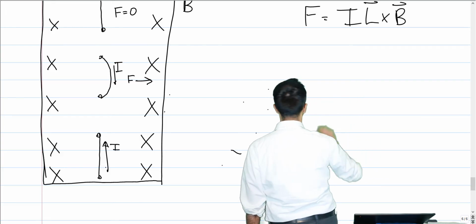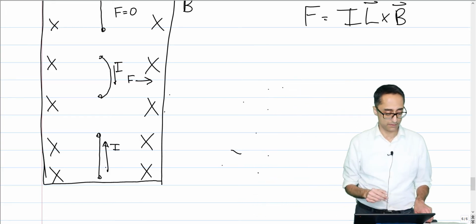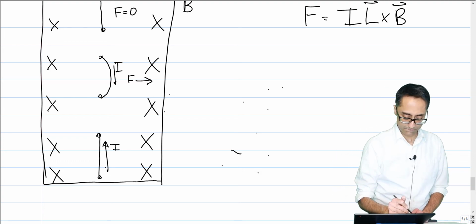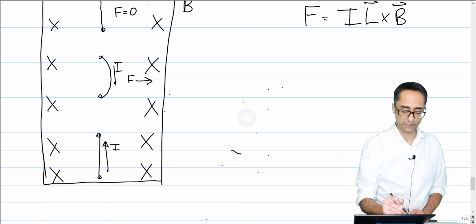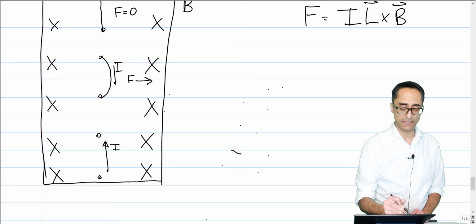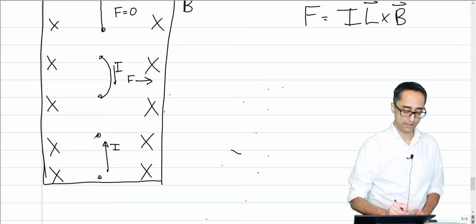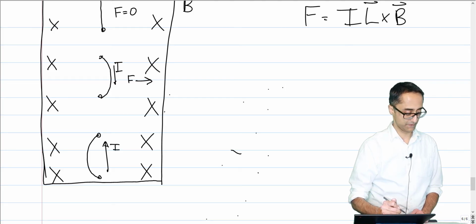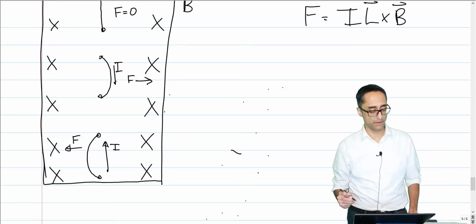So this way, to the left. So the force is going to deflect to the left. The entire wire is going to end up going to the left, like that. And my force is that way. Okay, looks good.